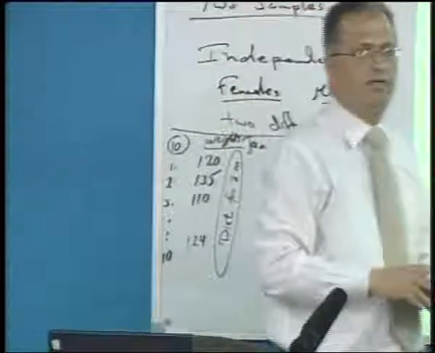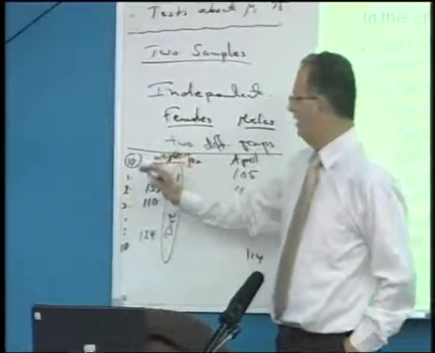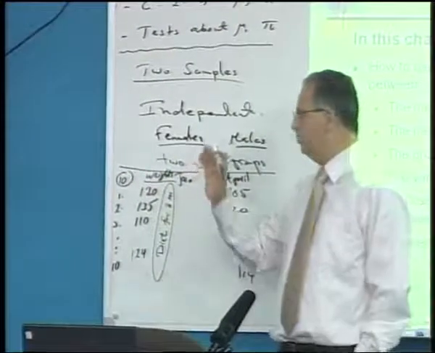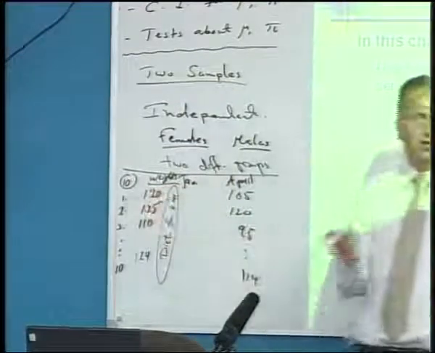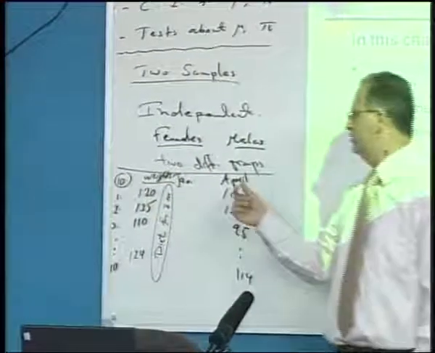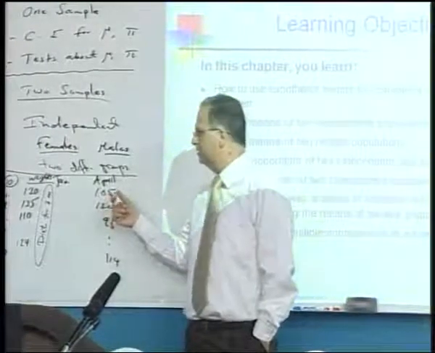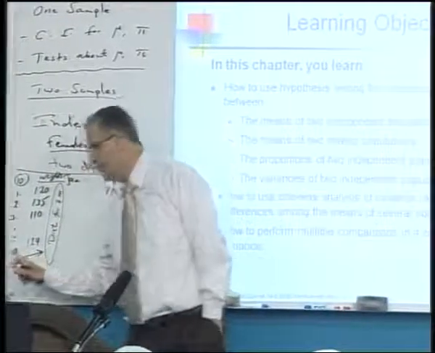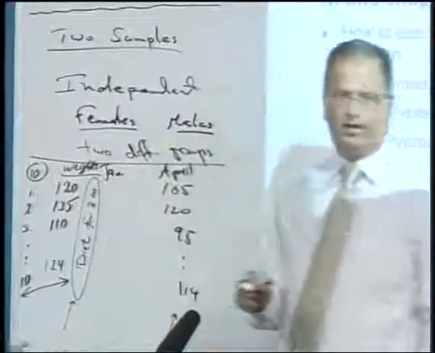Now, in both cases we have the same individuals, the same persons. Person one's weight was 120, and after a specific period of time his weight becomes 105. So we have the same people, the same individuals, for both weights.